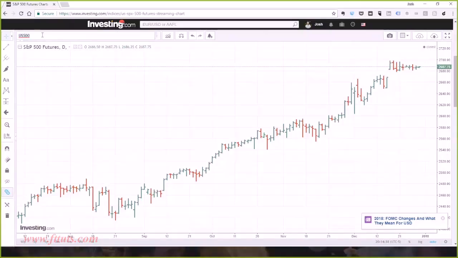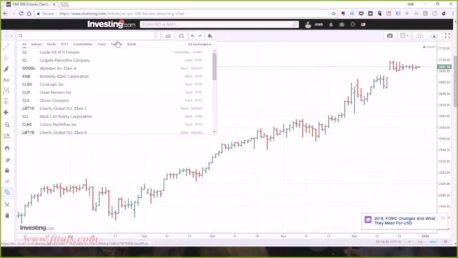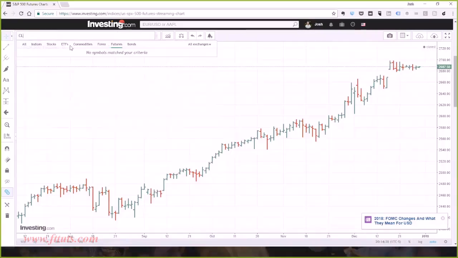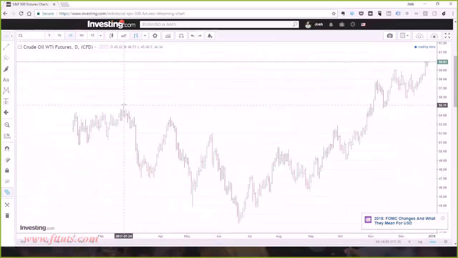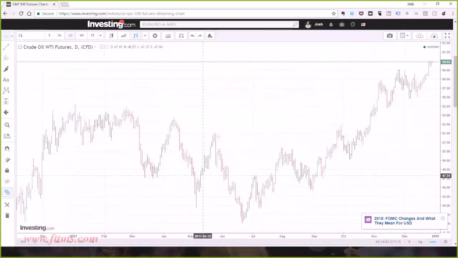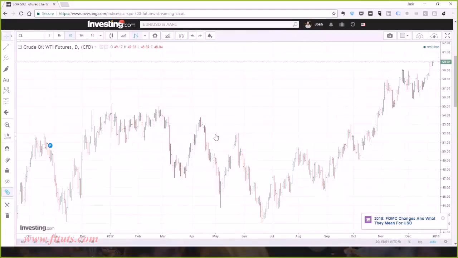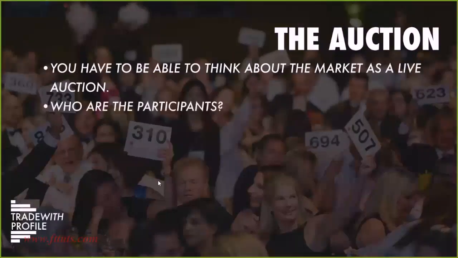And if we look at something like crude oil, which has a lot more volatility to it in two-way action, you're seeing this auction going back and forth as people are expressing opinion around whether they think that price is undervalued or overvalued. Everything that you think about in an auction is occurring.